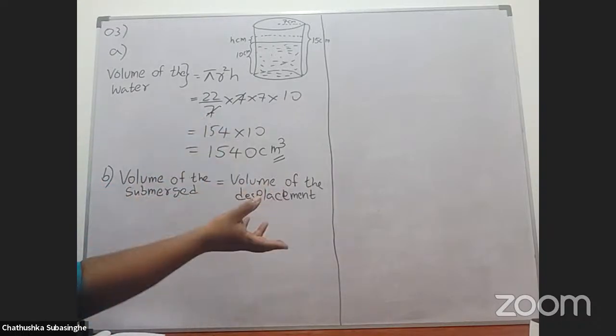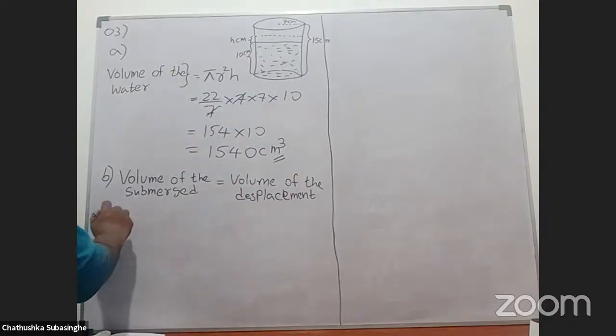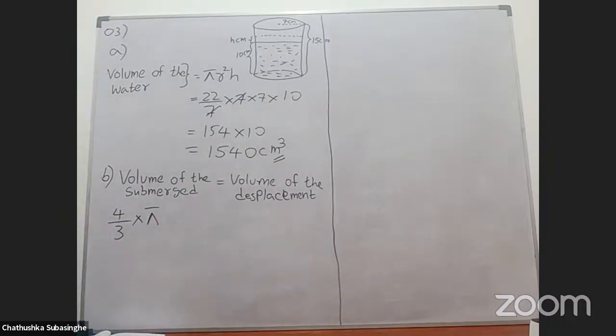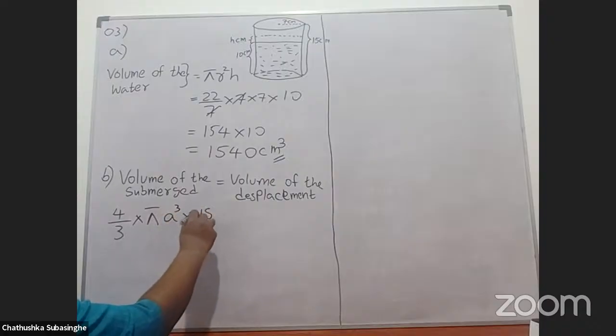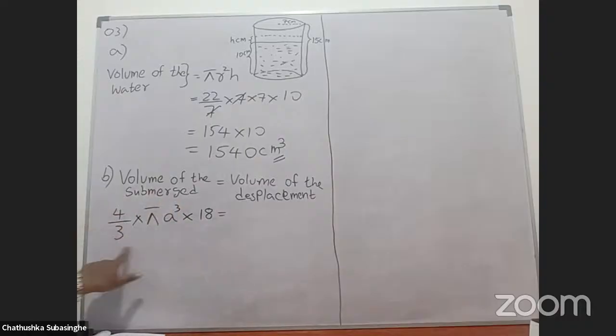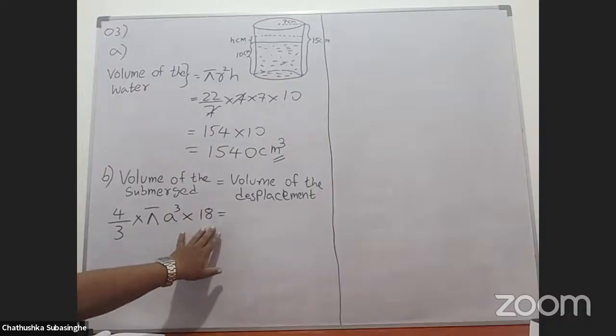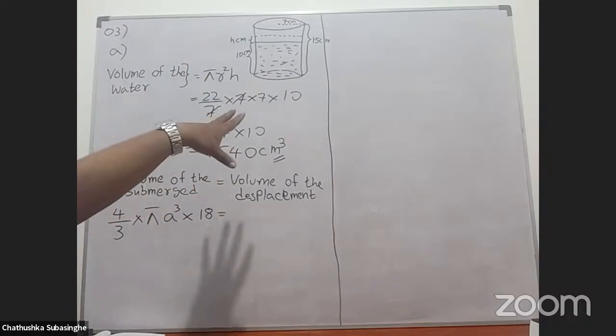So what are we submerging here? Spheres. So it is 4/3 multiplied by pi, and the radius of a sphere is a centimeters, a cubed, multiplied by 18, since we have 18 of them. This is the volume of one sphere, 4/3 pi a cubed. Why is it a? In the question it's given that the radius of a sphere is a. We are going to submerge 18 of them in here.